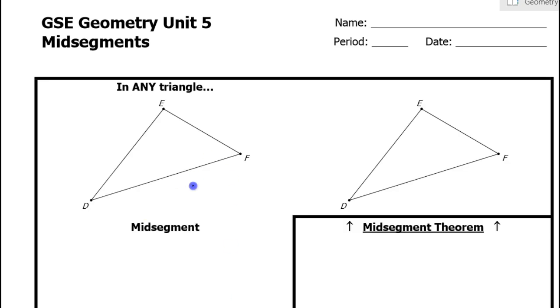Now, a midsegment is a segment that connects the midpoints of two sides of a triangle. So let's say that this point is a midpoint, which would mean that these two sides are congruent. And let's say that this point is also a midpoint, which would mean that these two segments are congruent.